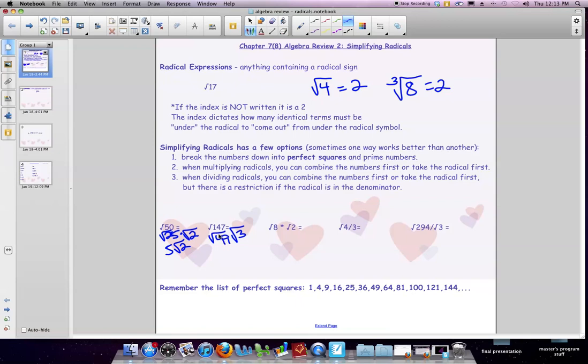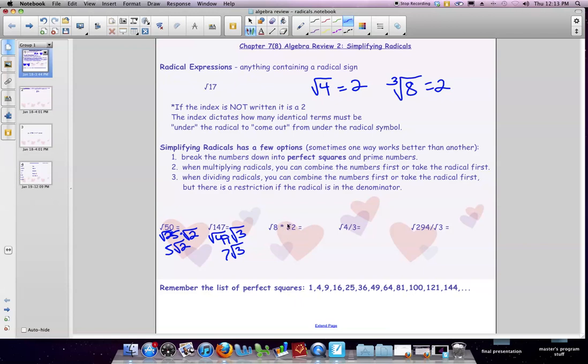The square root of 49 we can take. The square root of 49 is 7. And the square root of 3, 3 is a prime number. It's stuck under the radical sign. It does not reduce. So we leave it under the radical sign. So our simplified answer to the square root of 147 would be 7 times the square root of 3.